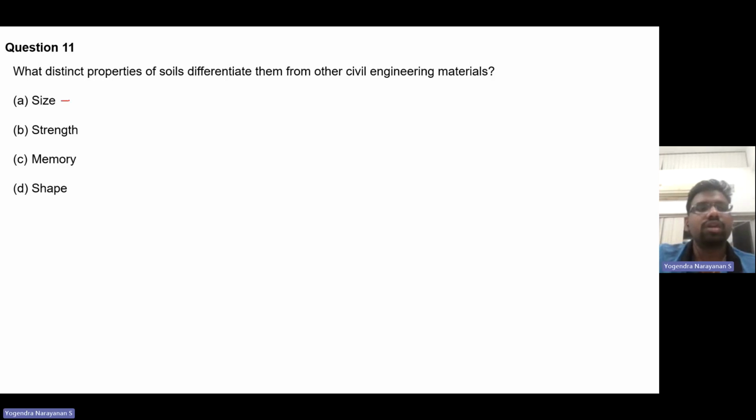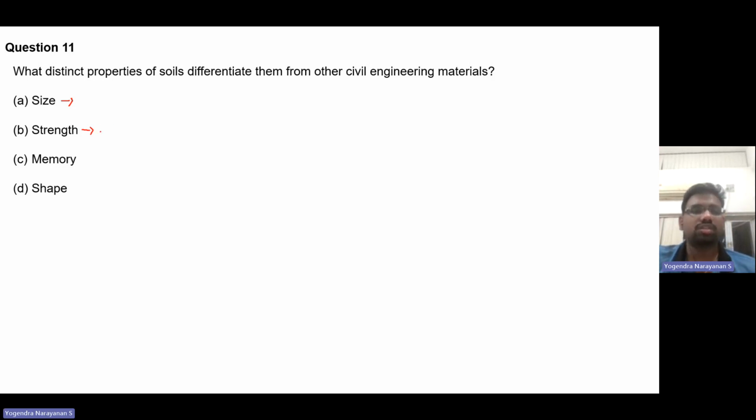Size, for example, if you take concrete, there is also size of the grains or size of the aggregates which we use. Soils also possess size. Strength, for example, in steel there is tensile strength, and concrete has compressive strength. Soil also has strength; soil fails by shear.